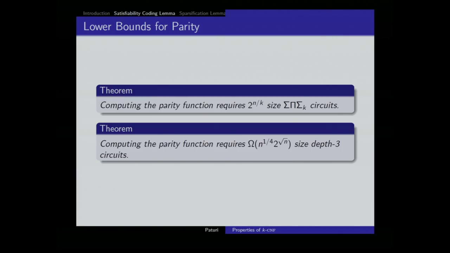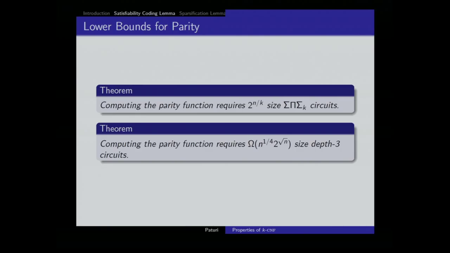From that we conclude that for sigma pi sigma k circuits, where the bottom fan-in is bounded by k, parity takes 2 to the n over k size, precisely. The sigma pi sigma k model has the restriction that the fan-in is bounded by k, so you want to extend it to include arbitrary circuits.